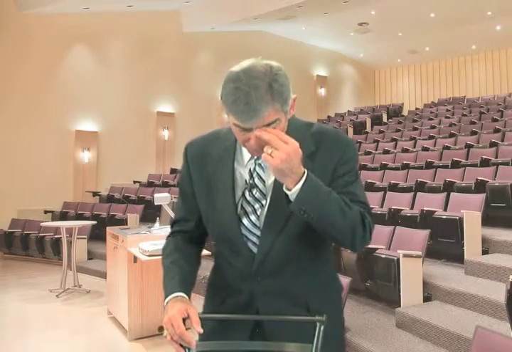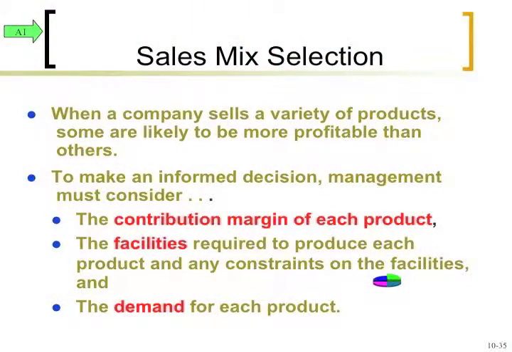If we move to slide 35, we get to our sales mix. And here we have to understand that when we make two products, we can no longer just compare the profitability of product A to the profitability of product B. As long as they both take the same amount of time to make, then we can do that.